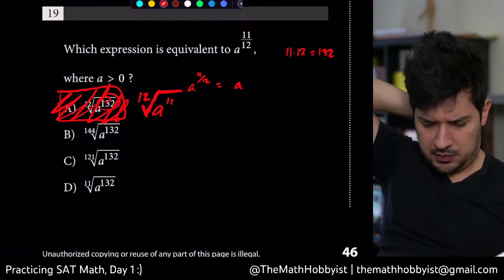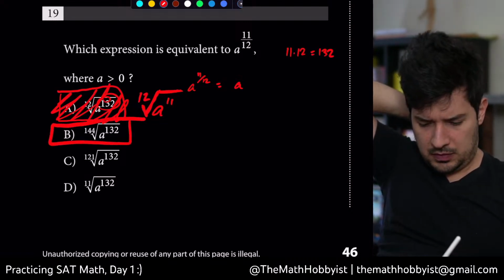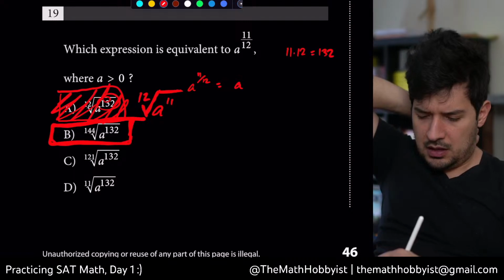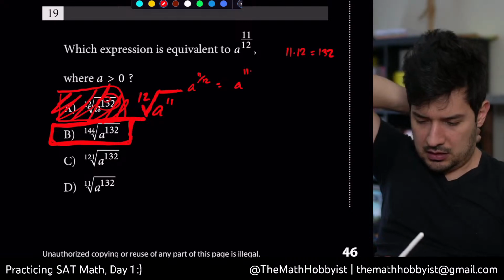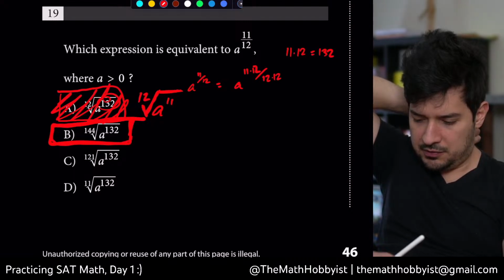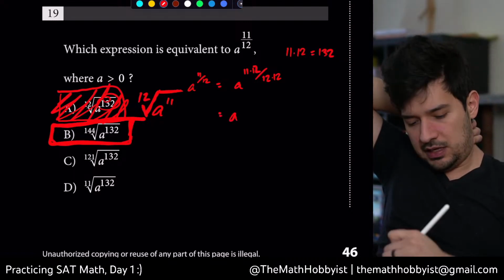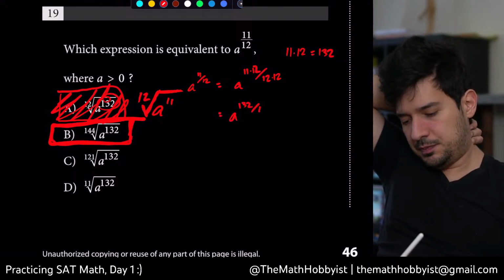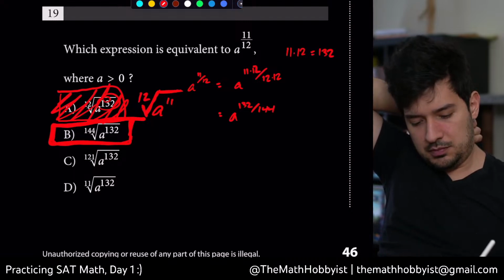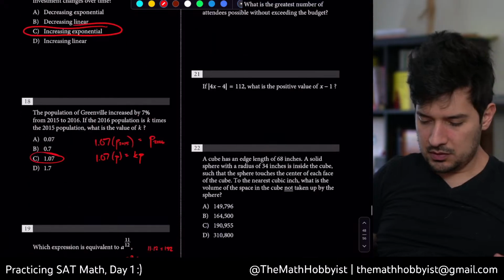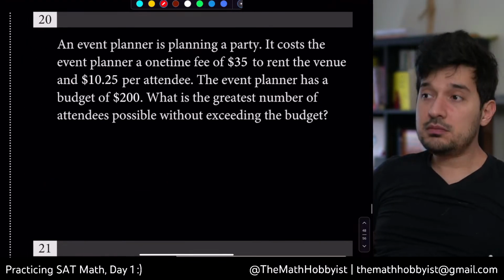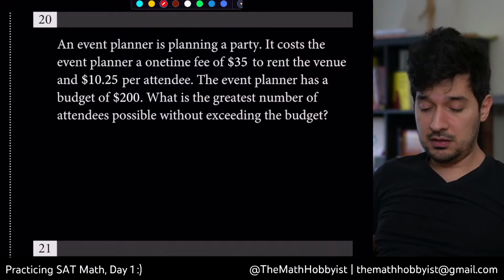So, for whatever reason, they've just rewritten a raised to 11 over 12 as a to the 11 times 11 times 12 over 12 times 12. So they rewrote that fraction, and 11 times 12 is 132. So B is, that's a confusing question. Which I guess is the whole point of a test like this.